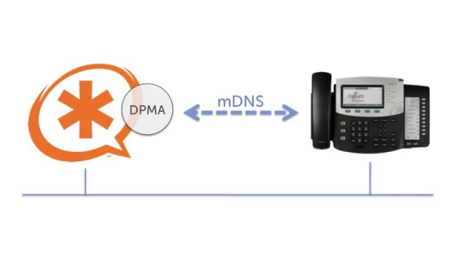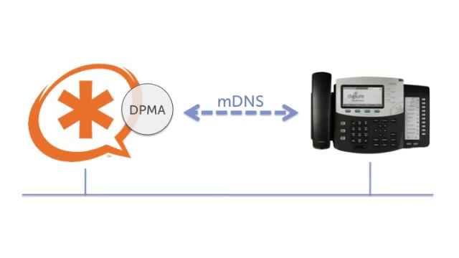Apple's Bonjour and Linux's Avahi are both implementations of mDNS. Essentially, when an Asterisk server with the DPMA and Digium phones are placed on the same network, they are able to locate each other and begin communicating automatically via mDNS. This minimizes the amount of configuration an administrator needs to do.